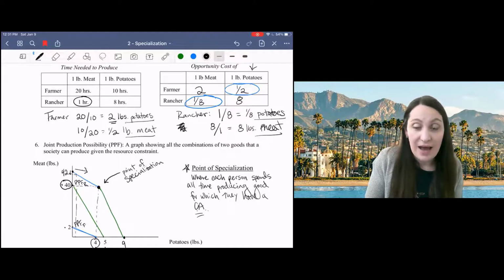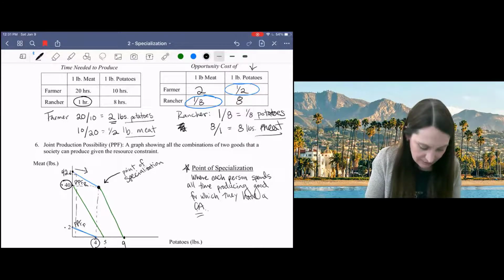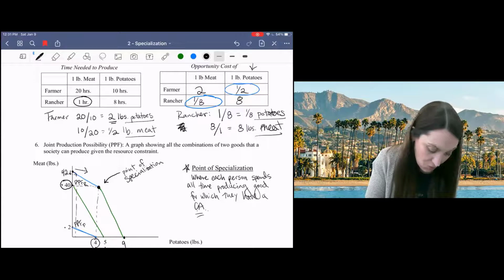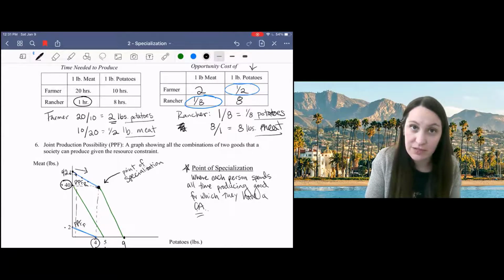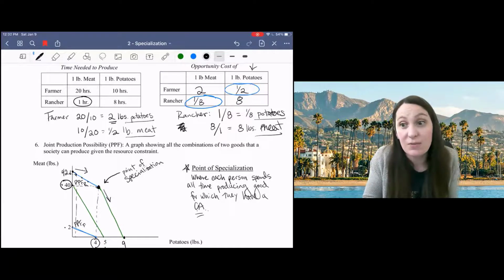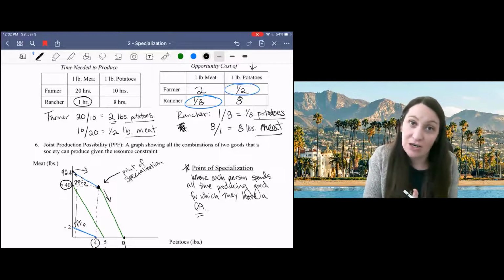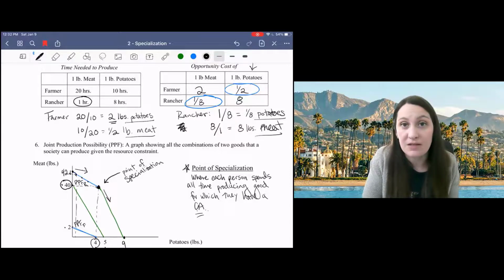It does mean that if anyone is producing potatoes, the farmer will be the first one. If we want 1 pound, 2 pounds, 3 pounds, 4 pounds, the farmer is producing potatoes. If we want more potatoes than 4, then the rancher must begin producing potatoes because the farmer is out of time, okay? But we've exhausted the lowest cost method of production first. That's what we mean by specialization.